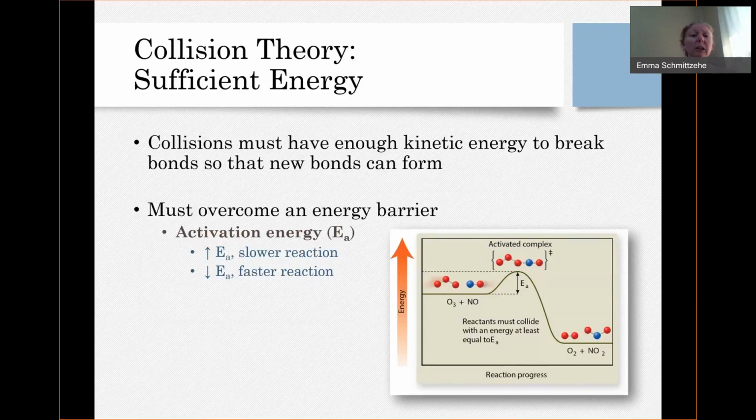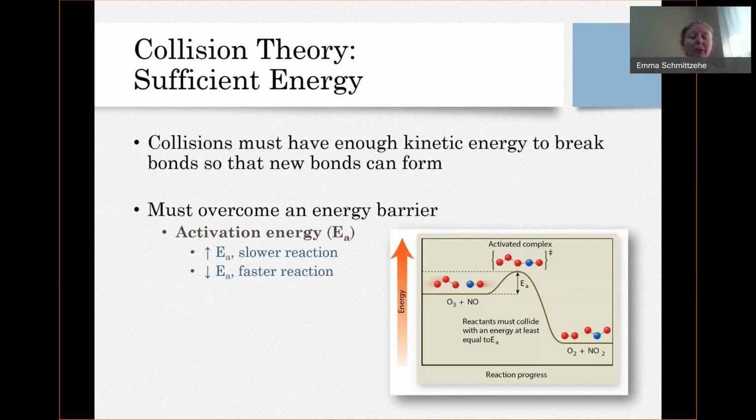So one of them could leave the collision with less kinetic energy and one can leave with more. So they end up having different kinetic energies. As collisions happen, that energy gets passed. And so on average, the kinetic energy of the particles in a sample is related to the temperature.